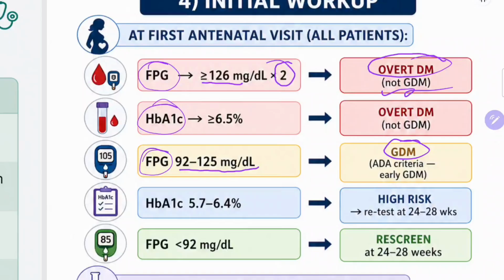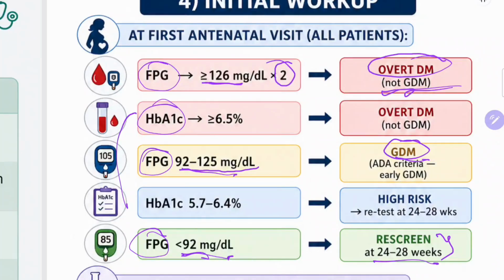Okay, that is not overt diabetes mellitus, that is gestational. And if the fasting plasma glucose is less than 92, then the patient does not have any type of hyperglycemia. You should rescreen at 24 to 28 weeks. So fasting plasma glucose less than 92, rescreen at 24 to 28 weeks. FPG 92 to 125, then GDM is diagnosed. FPG more than 126 on 2 readings, then it is overt diabetes mellitus.